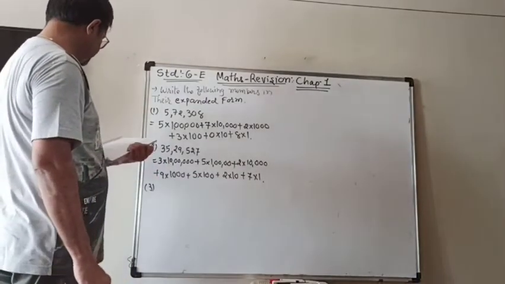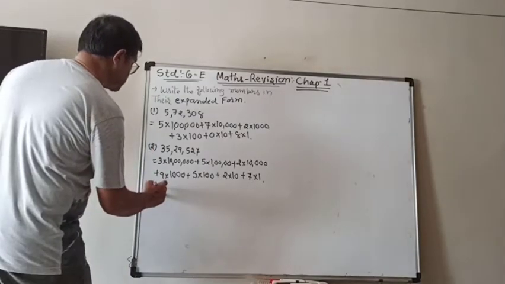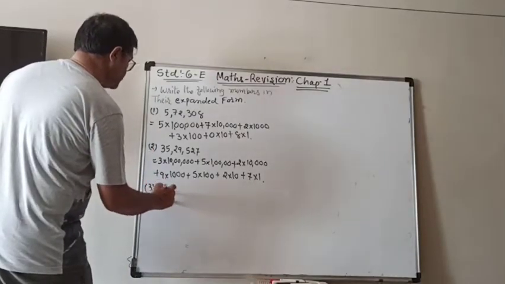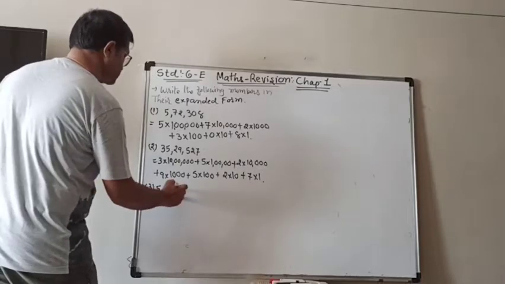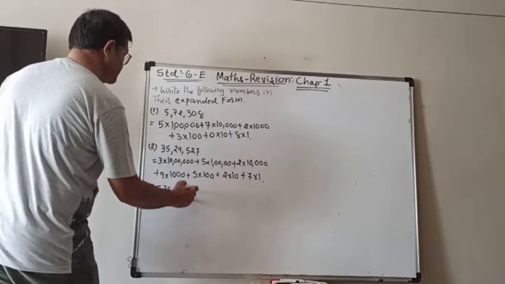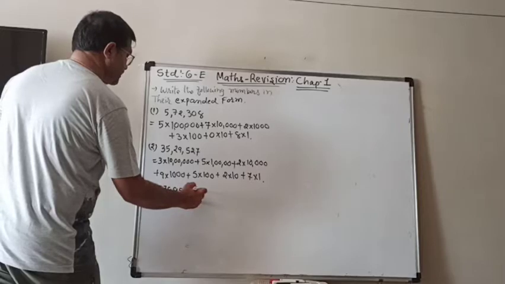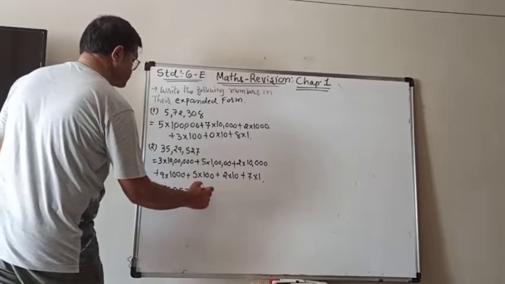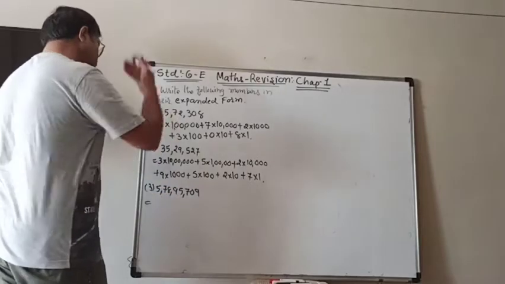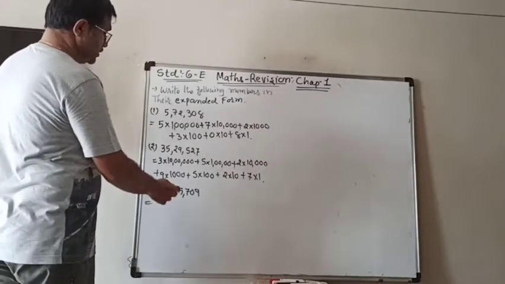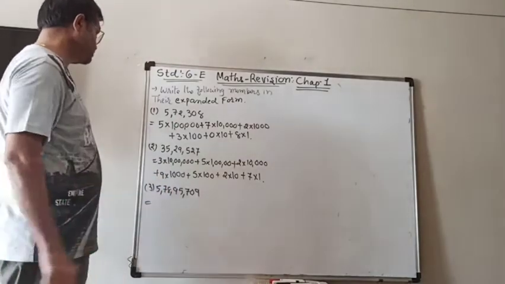Third one, 5,78,95,709. So here more, 10 lakh and then crore.